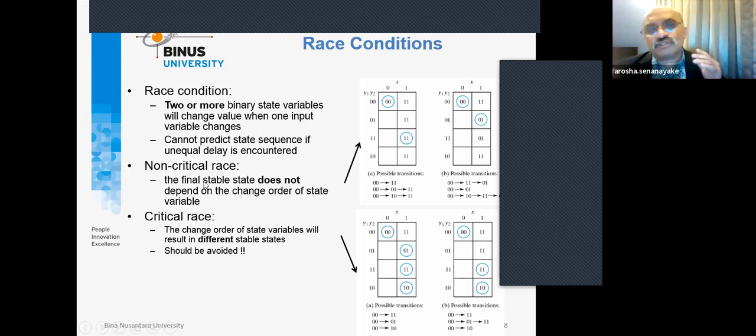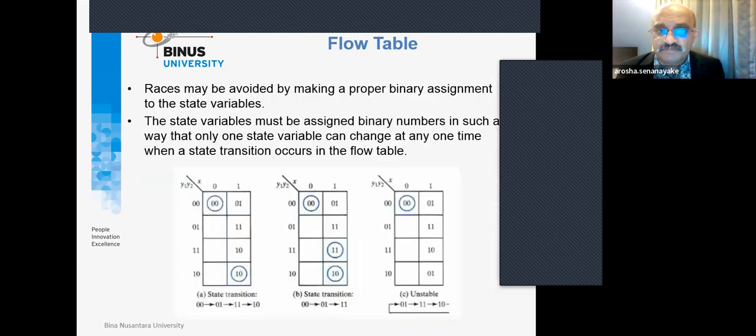Of course, we have to look at examples for that, but this is just an abstract example for you to understand. Non-critical race we can still have when it comes to circuit design, but critical race we should avoid all the time.